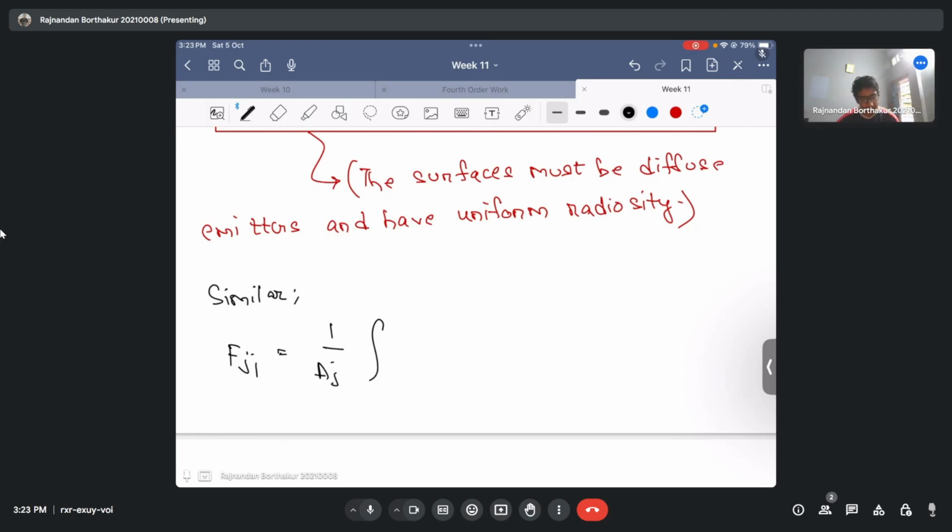It will be an area integration over the ith surface and an area integral over the jth surface of cos theta i cos theta j by pi r square, dAj dAi, where dAj and dAi are the differential areas of the entire surface areas Ai and Aj respectively.